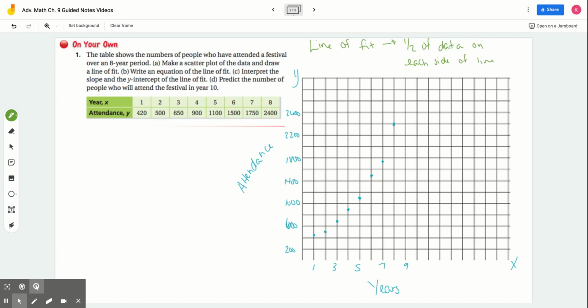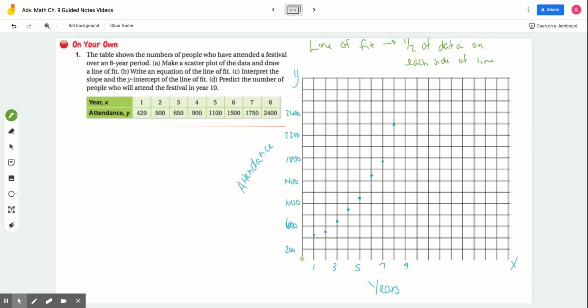Again, use a ruler to draw a line of fit through the center of the data, a straight line. I don't have a ruler tool, unfortunately, and I also don't have a straight line tool, but I'm going to show you here. If I go up here, I can see that that does not split my data. If I go down here, that also does not split my data.